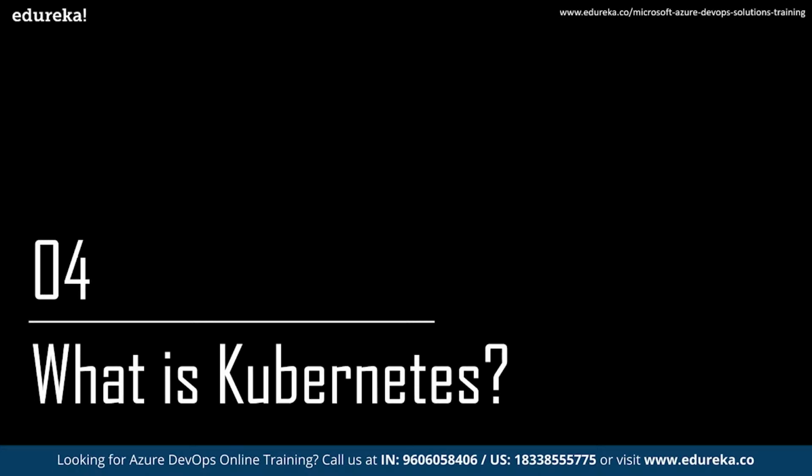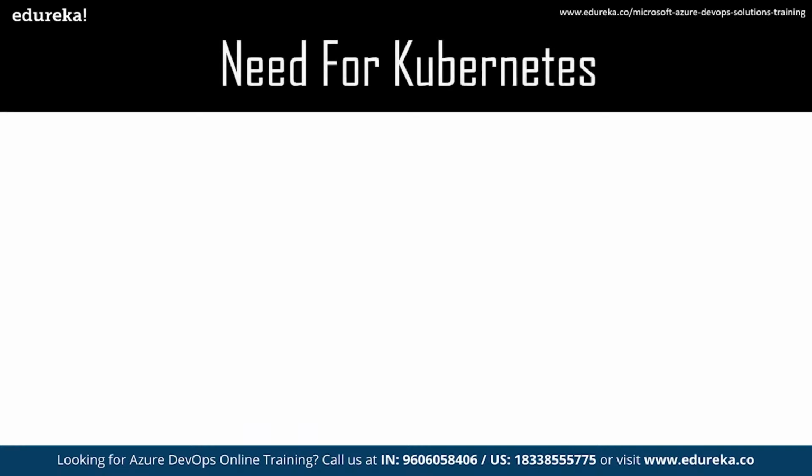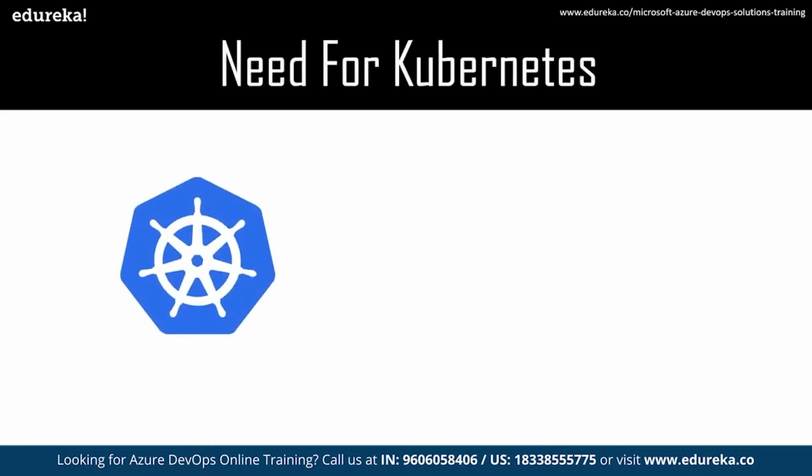Let's try and understand that, as in what is Kubernetes, why do we need it, and is it the same as Docker or not? Okay. Now, here are a few things that would tell us why we need Kubernetes and how it is different from Docker, which I would discuss in this bit itself. Now, when you talk about Kubernetes, it is used for container communication. This is where it is different from Docker.